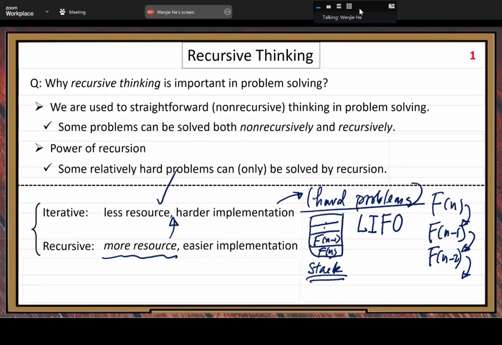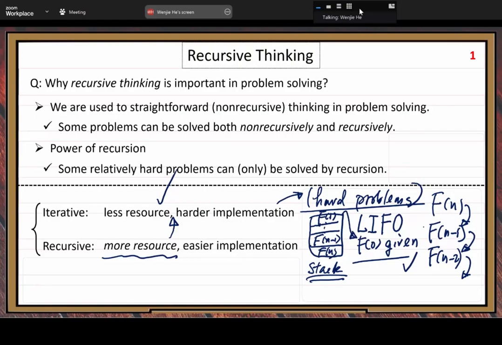Suppose the top one is f of 1. F of 1, suppose still unknown, we push it in. But when we calculate f of 1, it relies on f of 0. But f of 0, as a base value, must be given. Then we can calculate the function value.